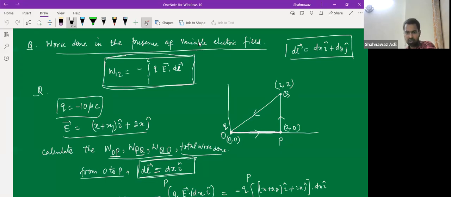So we are understanding about the work done in the electric field. And then we will relate this electric field to the electric potential. So this is the idea. Because work done is related with potential, and work done is related with electric field. So we can relate electric field to the potential.